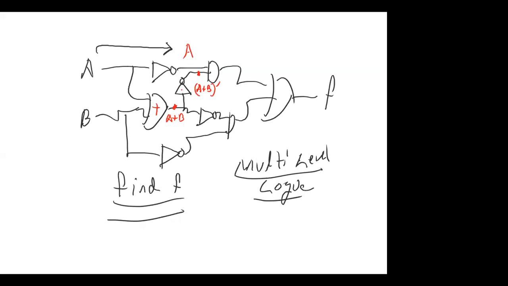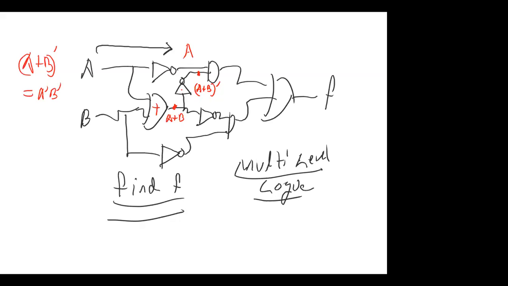And if you wanted to look at A or B inverted and use De Morgan's theorem, what would that give you? Anybody want to help? A prime, B prime. A prime, B prime, exactly right.